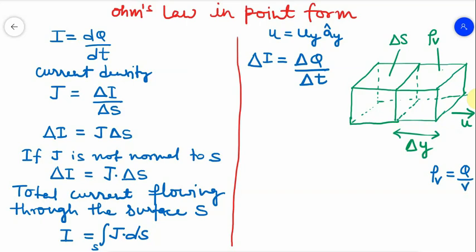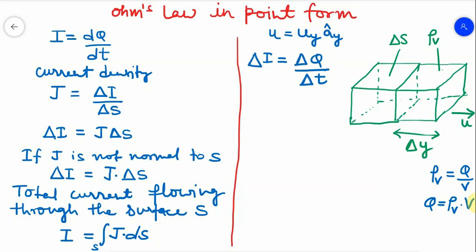So from here, q will be rho v into v, and here rho v is given, but what will be the volume? Volume will be del y into del s, and then you will get the volume of this filament.